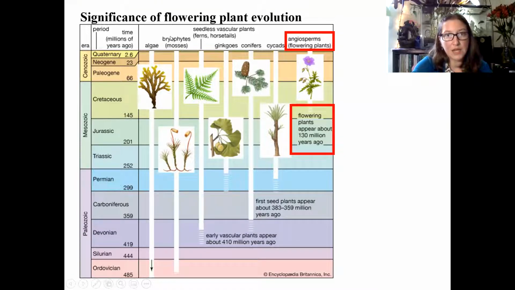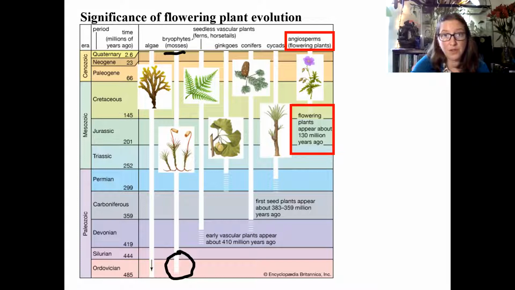You can see here, just to give you some context, here are our mosses, right? All the bryophytes, liverworts and hornworts. And they showed up around 450, 475 million years ago.